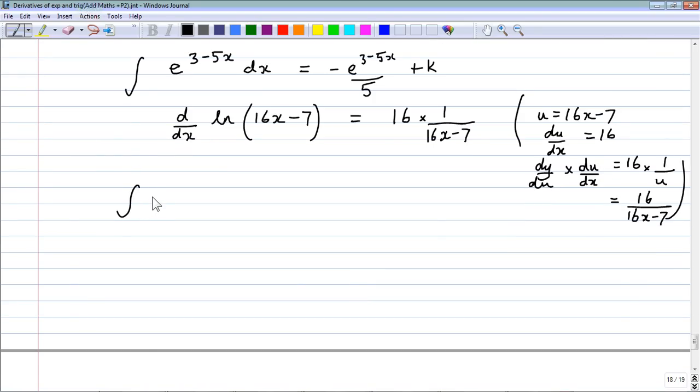Integral of sec squared 5 plus 2x. Well, that one will be tangent, because the integral of sec squared is tangent. 5 plus 2x, but we need to divide by 2 plus a constant.